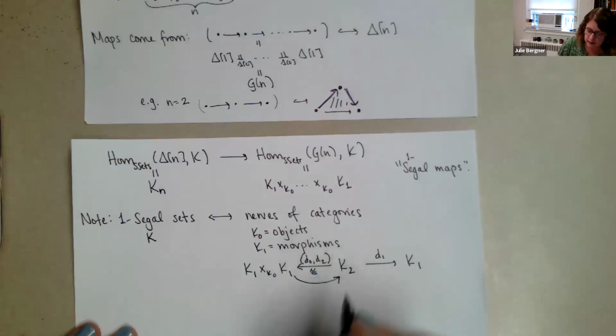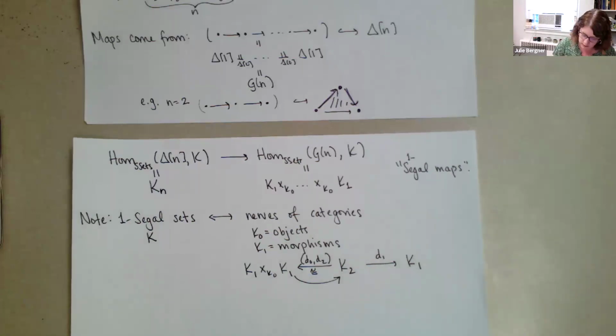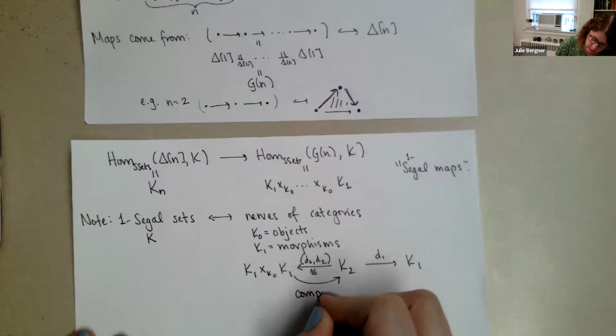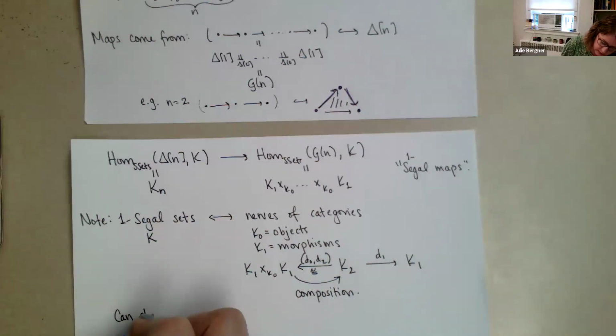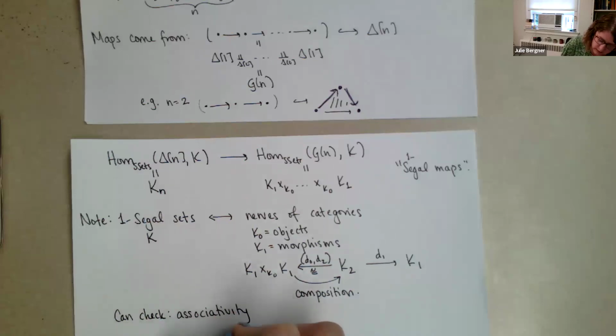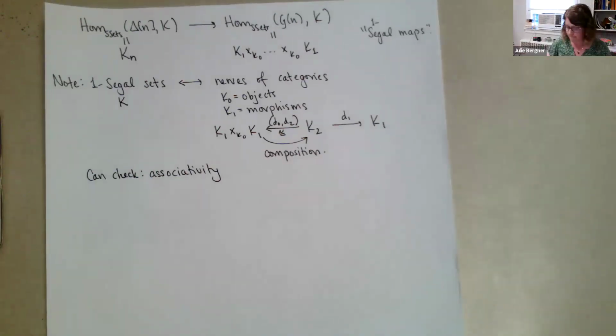And so I can just take its inverse and then compose with d_1, and that's going to give me the composition in my category. And then you can check that, you've got to go up to K_3, but you can check that associativity is going to hold. Okay, so that's 1-Segal. So this 1-Segal is basically just categories, but rephrased in the context of simplicial sets.